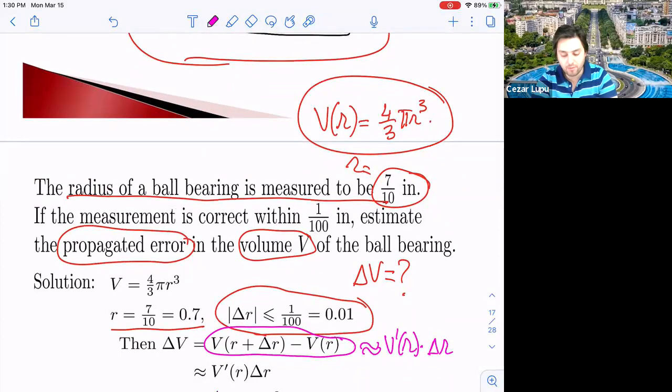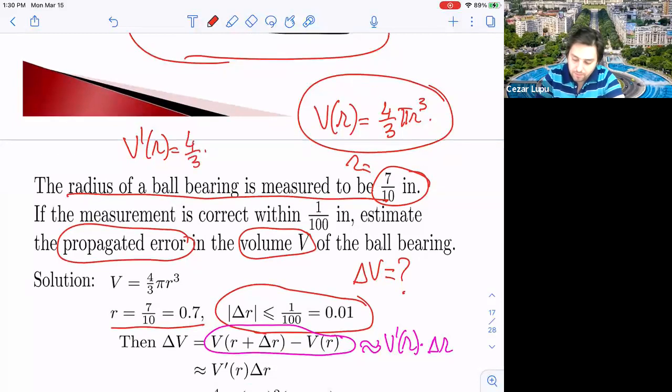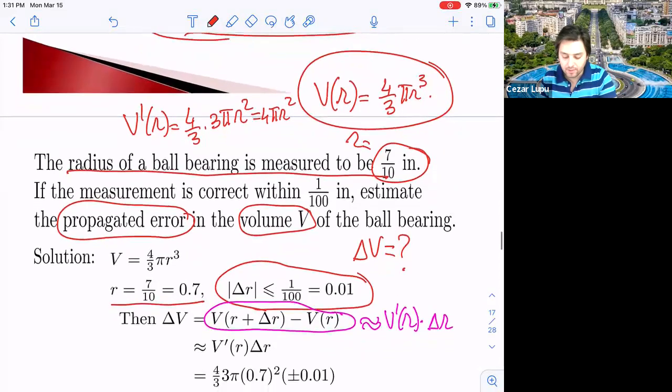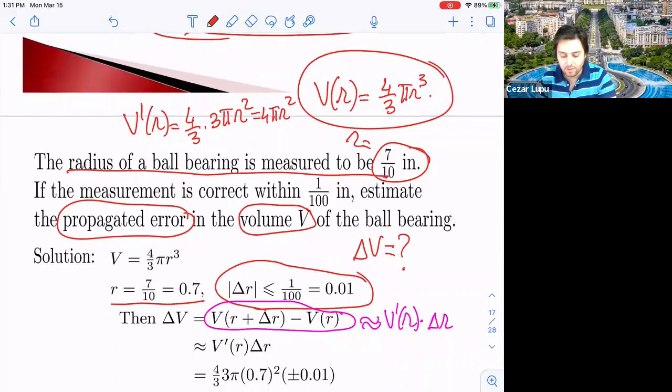And now we know who V prime of R is, so we can compute the derivative. Let's do it. The derivative V prime of R is nothing else than 4/3 times 3 pi r squared, which is 4 pi r squared, right? So that's the derivative. We know who delta r is.